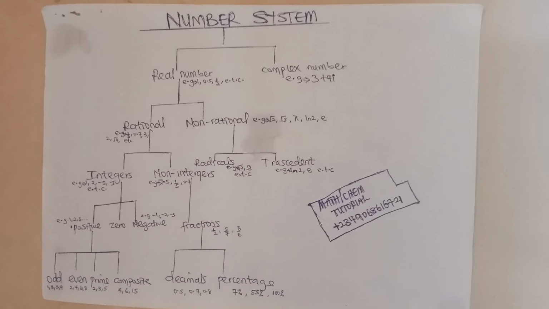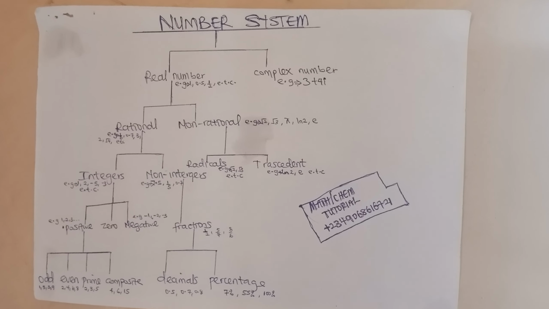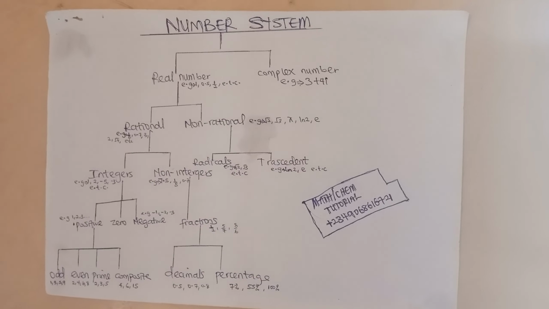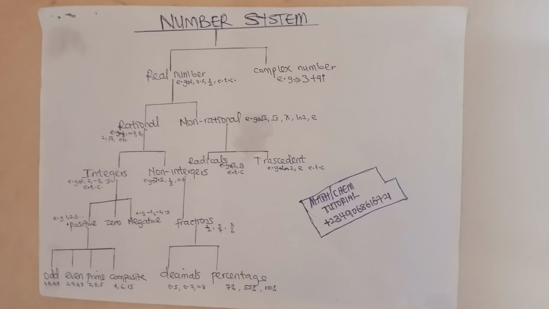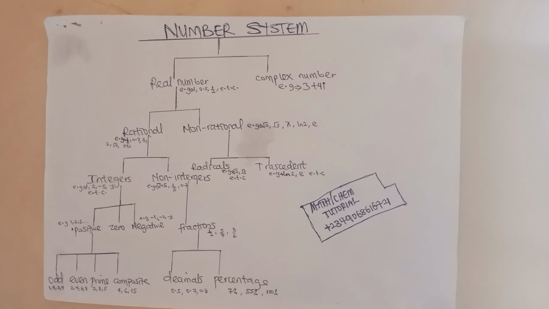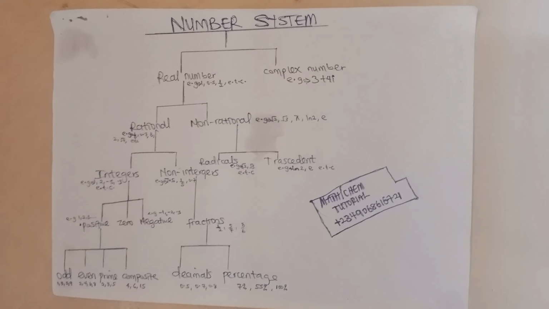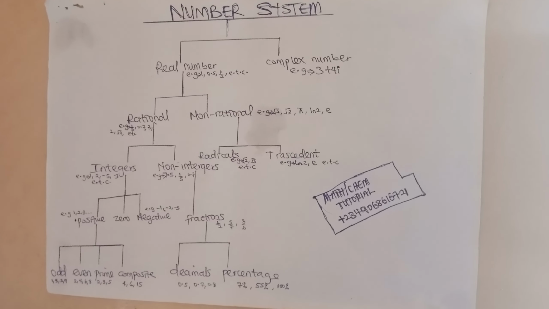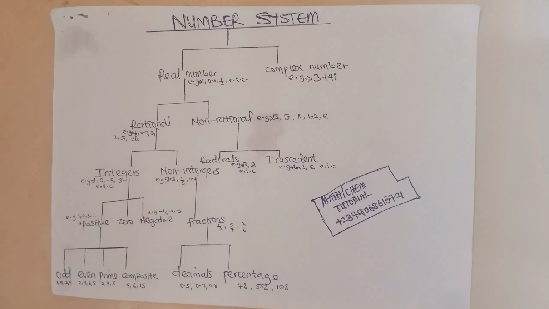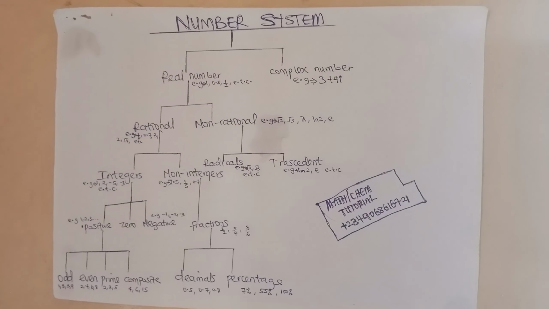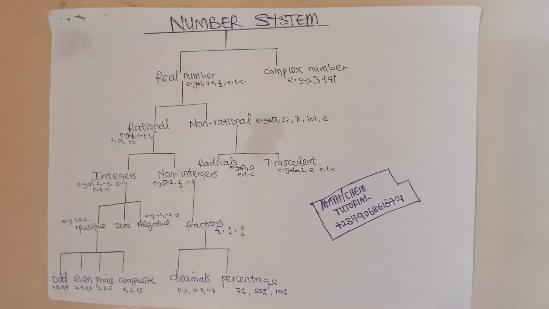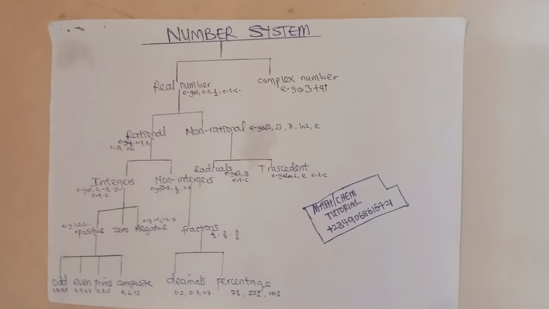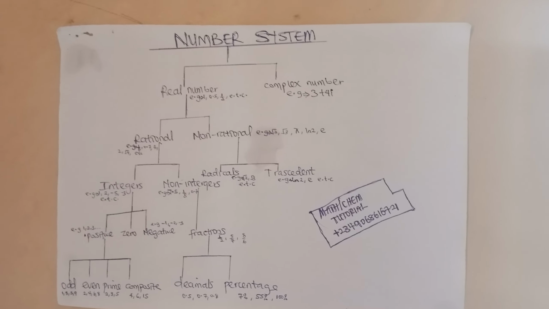And that still means 2 ratio 1. So, fraction, decimal, and what? And a root of a number that you can actually get the whole number of that root, such as root 9, root 16, root 25, and so on. Whereby when you find the root, you will actually get a whole number. It is also a rational number.